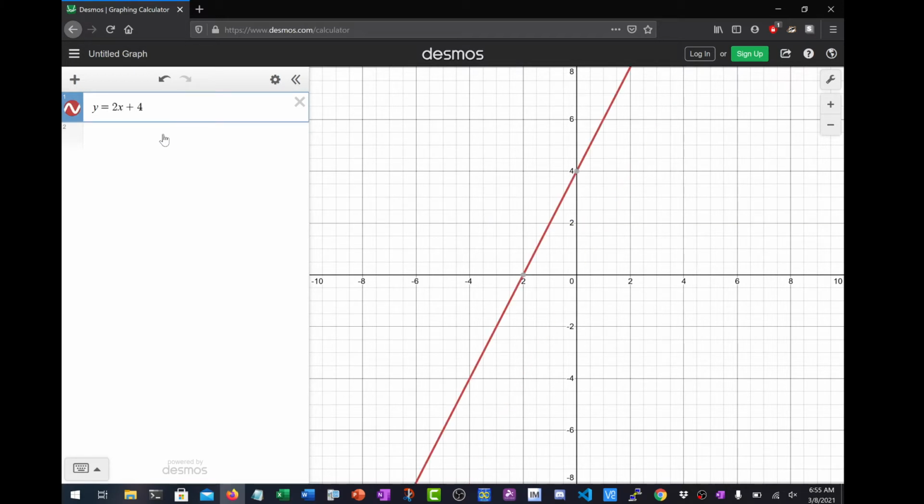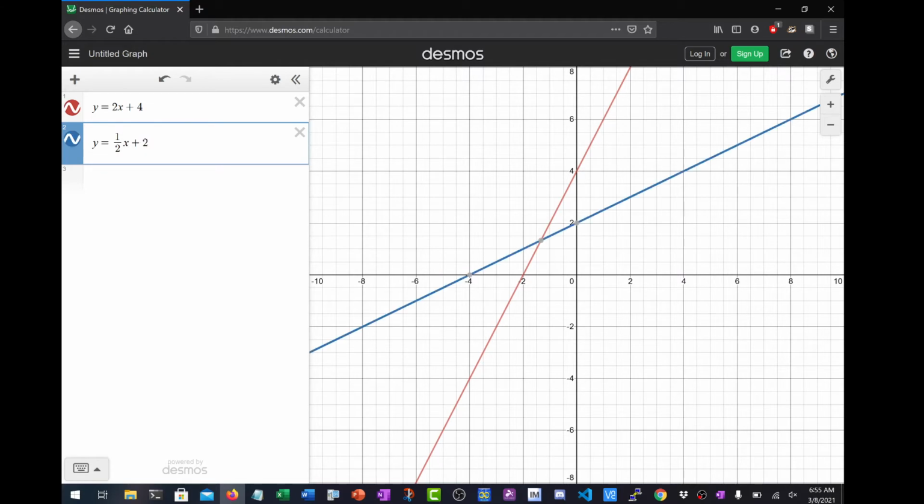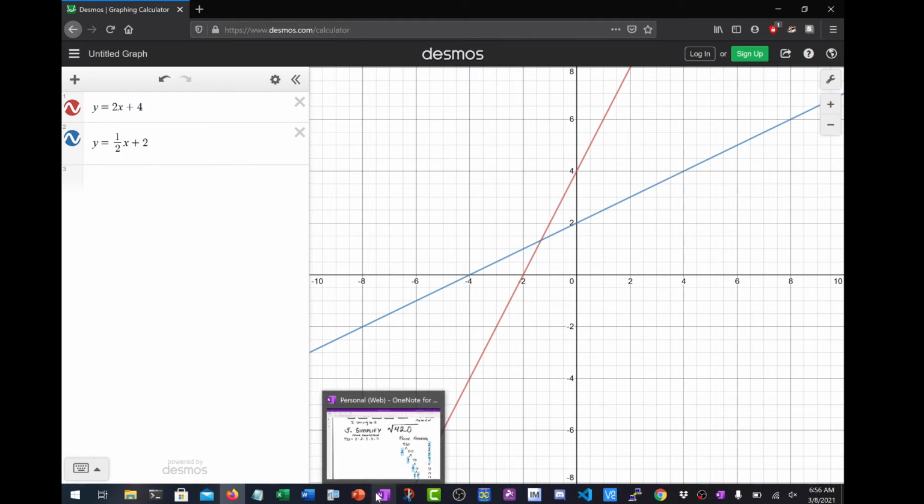Okay, there's that line. Now our inverse equation would be y equals 1/2 x plus 2. Very interesting. And this point here is also very interesting. It's the intersection of the original equation and its inverse. But you can see those are the two equations. So these are called inverse functions.